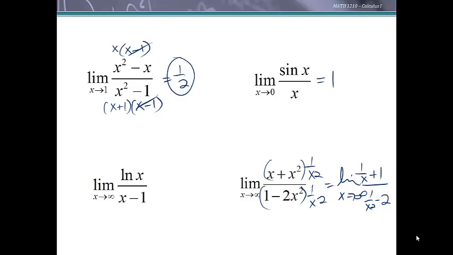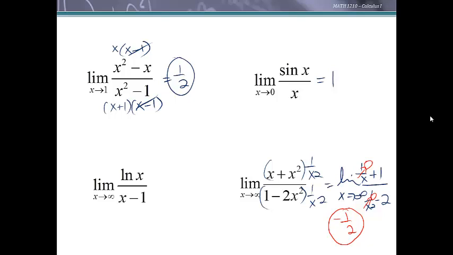Then as we let x go to infinity, this would go to 0 and this term would go to 0, and so we would be left with negative 1/2. So we did have ways of getting at 3 of the 4. We still have this fourth one.